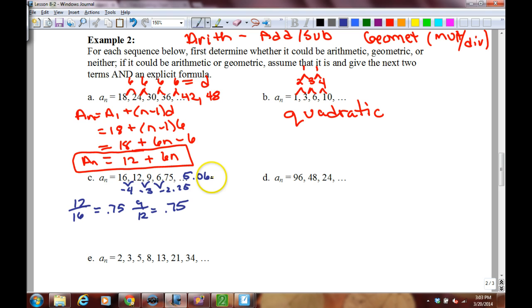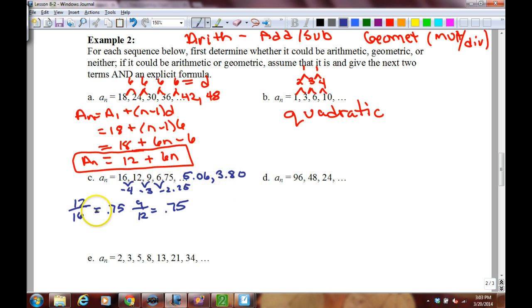Okay, 5.0625, I'm just rounding it up. And what is that times 0.75 again? 3 point, okay, and I rounded that up to 3.8.